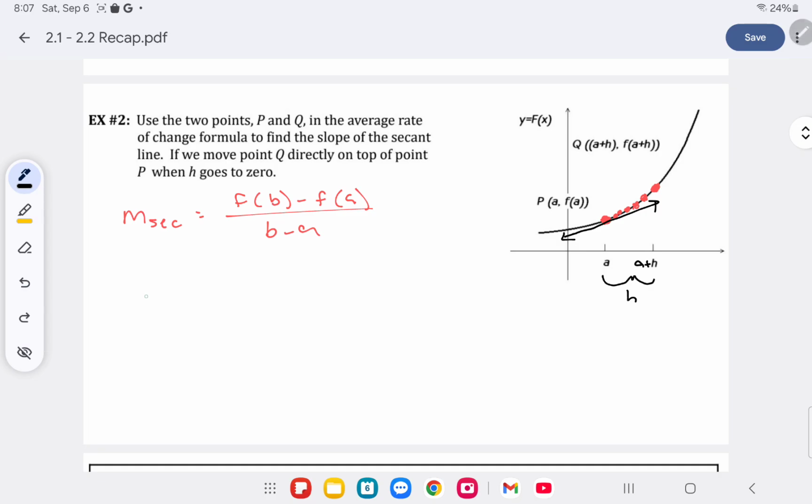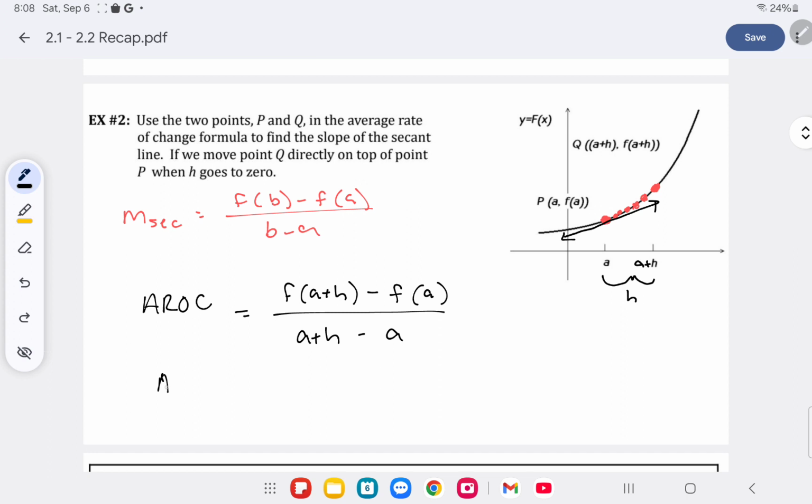So our average rate of change between this point A and this arbitrary point A plus H would look like this. We'd have f of A plus H, that's the y value of the second point, minus f of A, that's the y value of the first point at A, over A plus H, that's my second x value, minus A, that was my first x value.